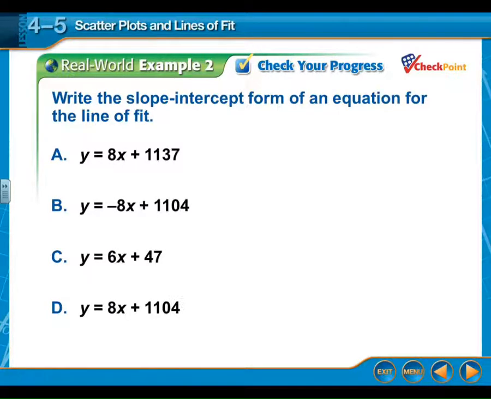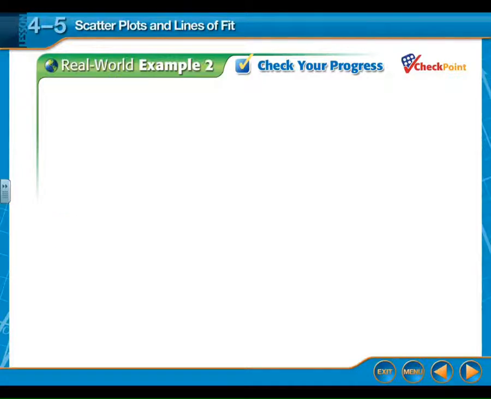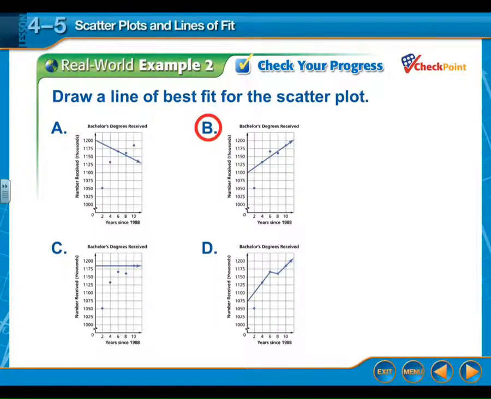Write the slope-intercept form for an equation of the line of fit. Now, where do we get the y-intercept from? Let's go back a slide. Where do we see that y-intercept?